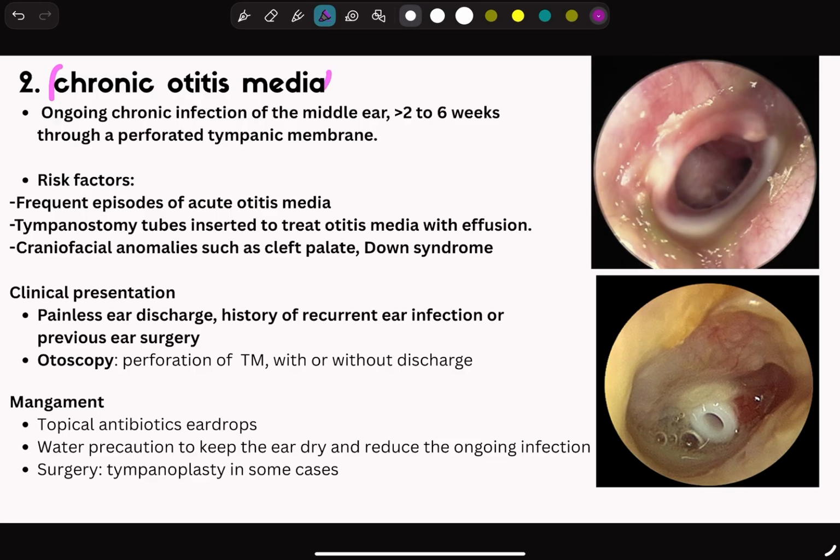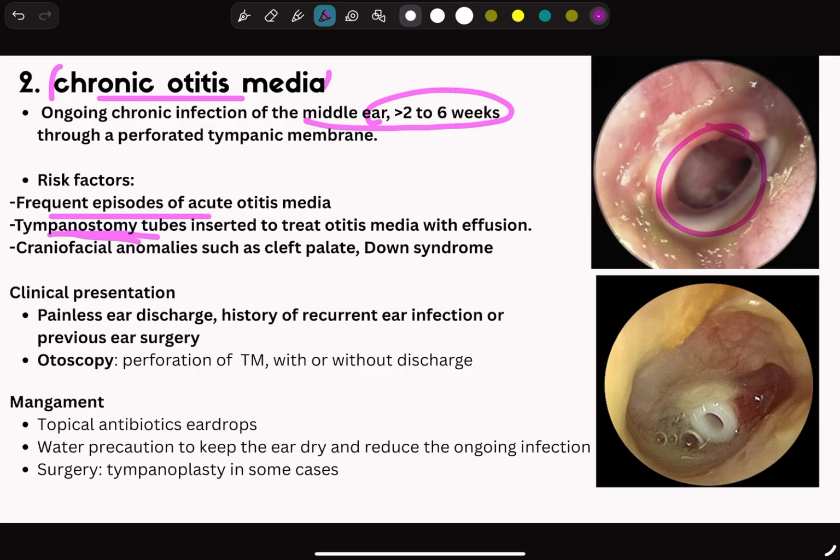Chronic otitis media. So when do we actually call it chronic otitis media? When there is ongoing chronic infection of the middle ear, more than 2 to 6 weeks, and there's a history of a hole in the middle ear. So what are the risk factors? A patient who has frequent episodes of acute otitis media might get chronic otitis media.